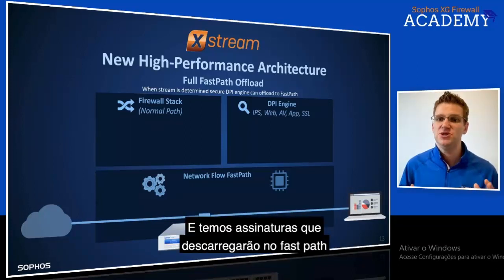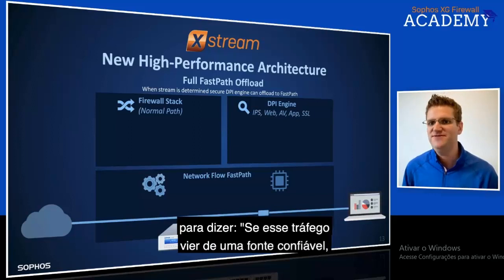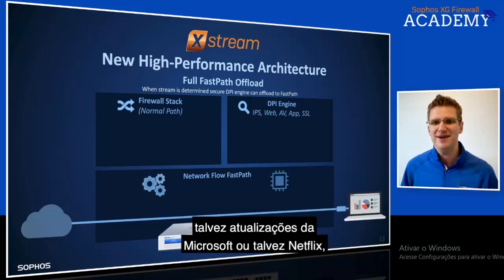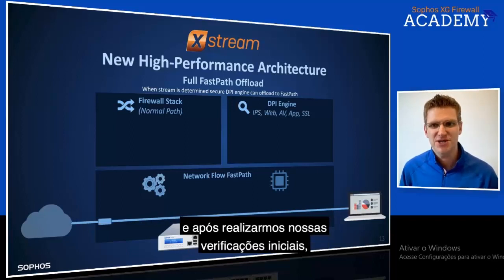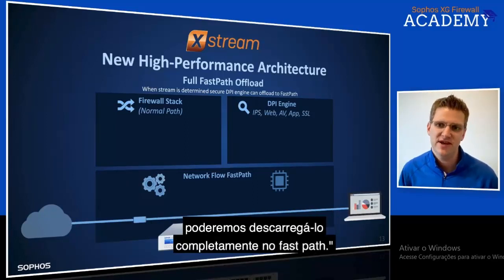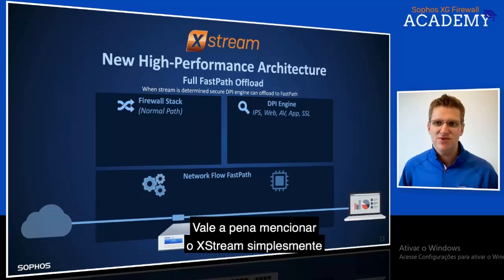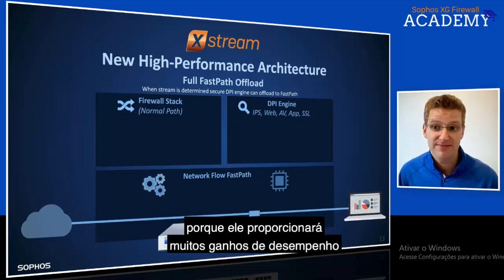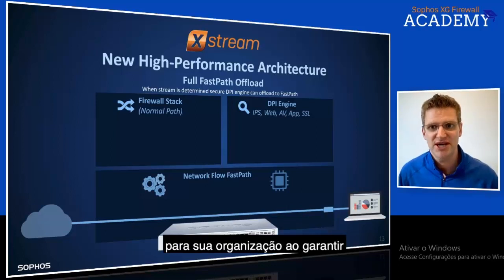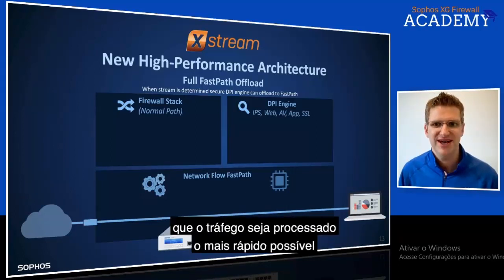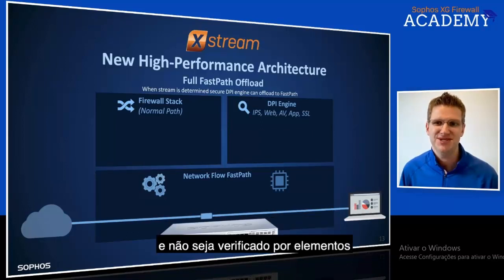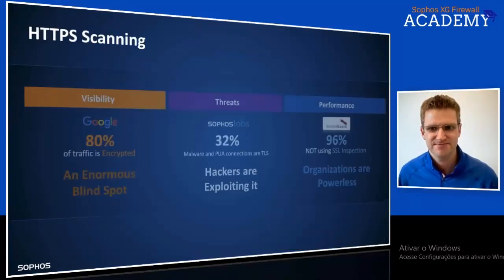And we have signatures that will offload to FastPath to say, well, if this traffic is coming from a trusted source, maybe Microsoft Updates or maybe Netflix, and we've done our initial checks, we can completely offload that to FastPath. So it's worth mentioning Xstream simply because it is going to provide so many performance gains to your organization to make sure that traffic is dealt with as quickly as possible and it's not being checked by elements that don't need to check it.